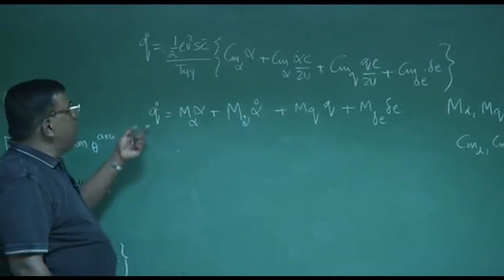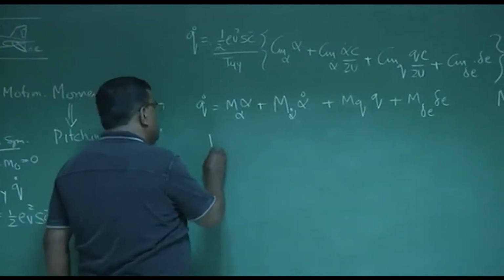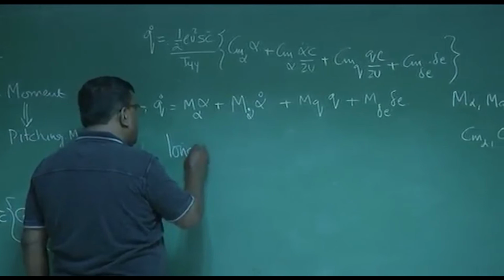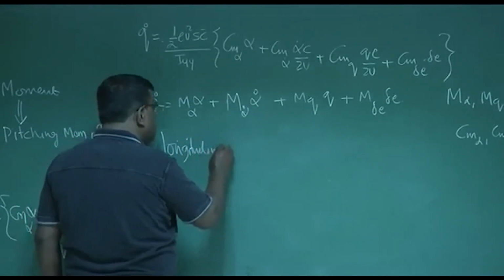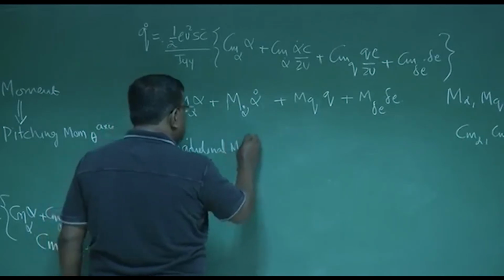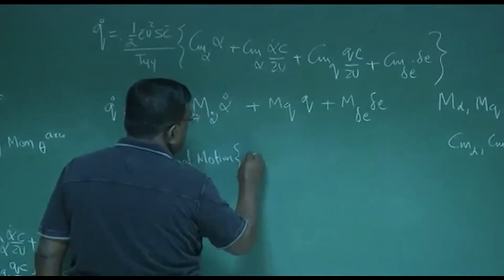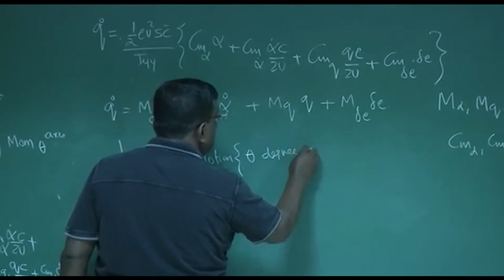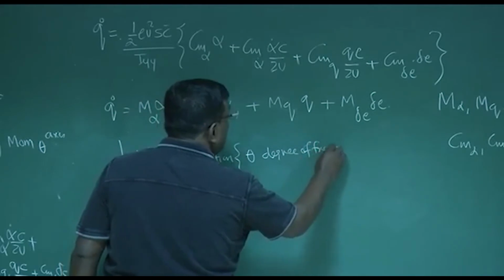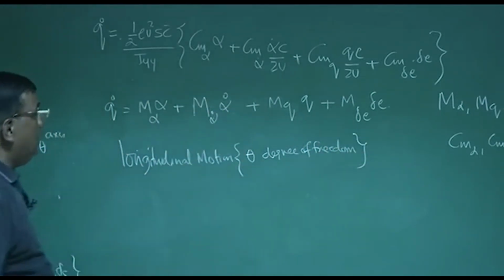So we are writing the pure pitch equation in a longitudinal motion. Pure pitch means we are talking about longitudinal motion restricted only to the theta degree of freedom. So no plunging motion is allowed.